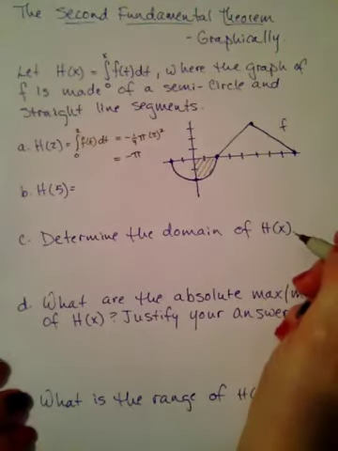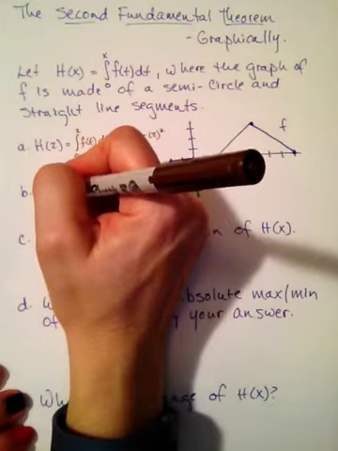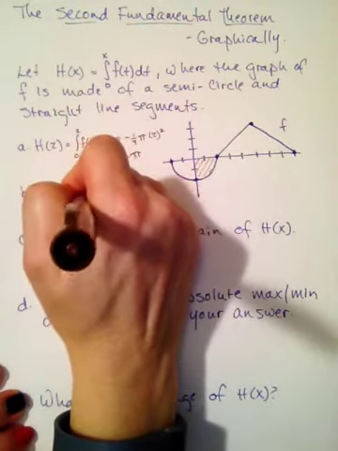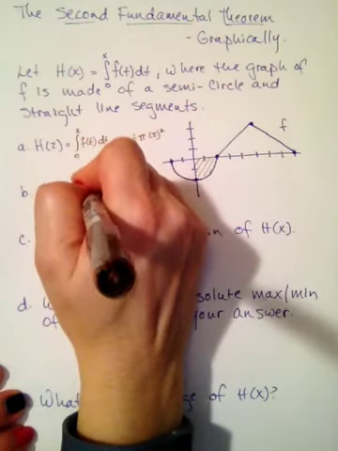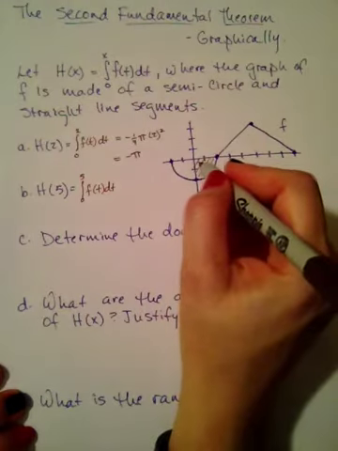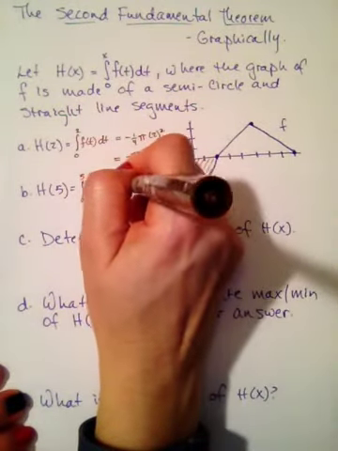What if I was asked to find h of 5? Well, x is being replaced by 5, so I will integrate from 0 to 5 of f of t dt. So I already know from 0 to 2 that it's equal to a negative pi.